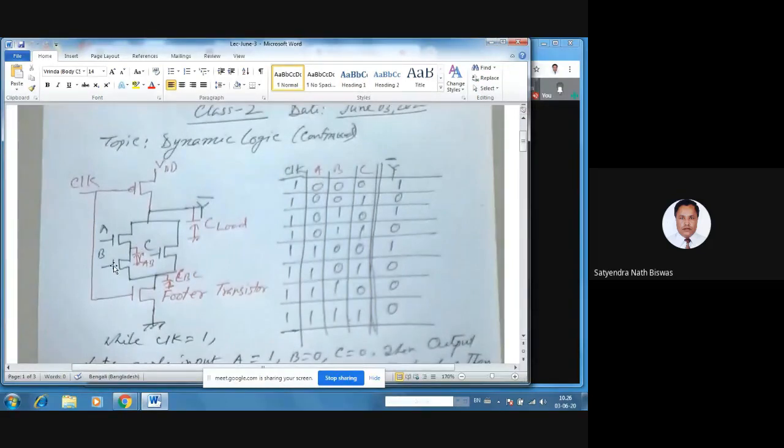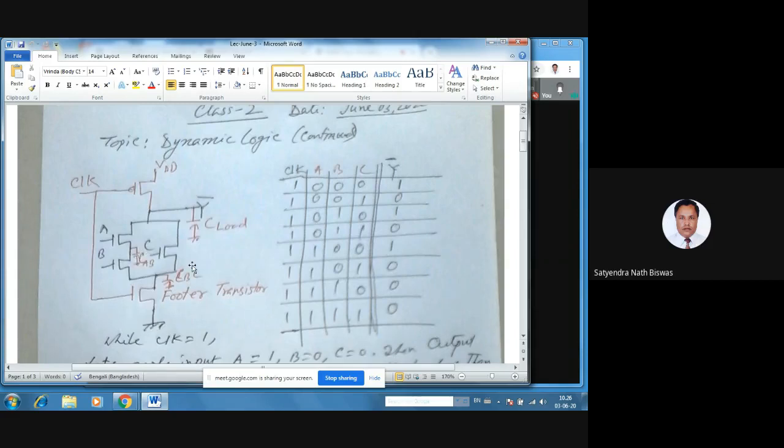So the charge from the CAB will be discharged to the ground because the footer transistor is always on. Whatever the charge was in CAB will be discharged through the B transistor and will be 0 at that time.